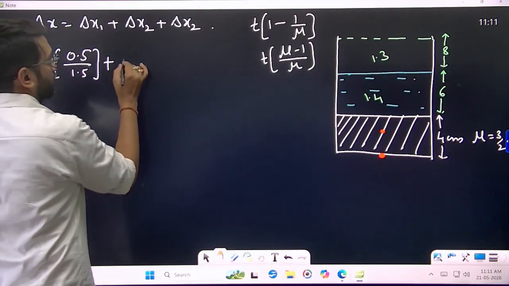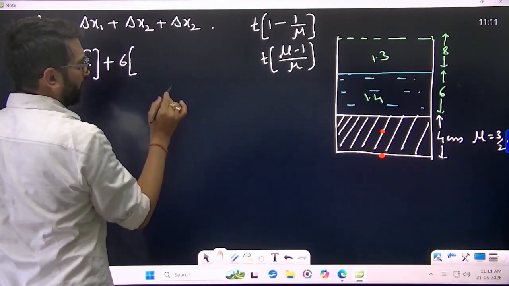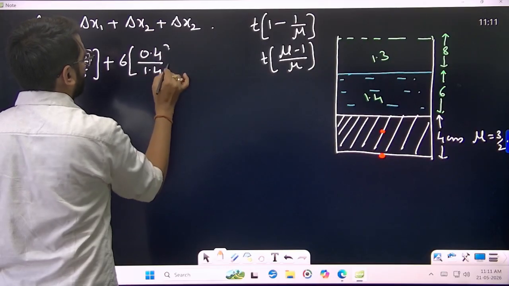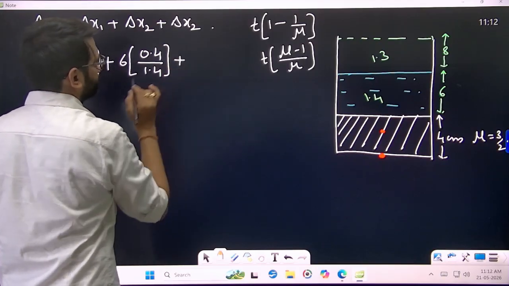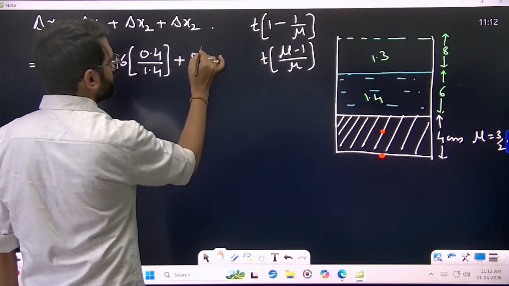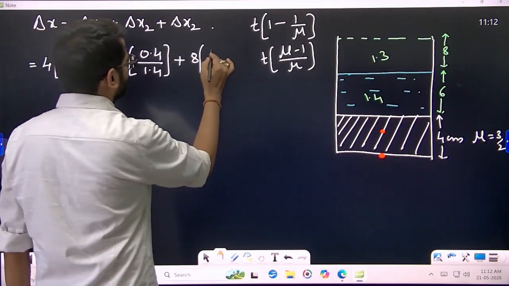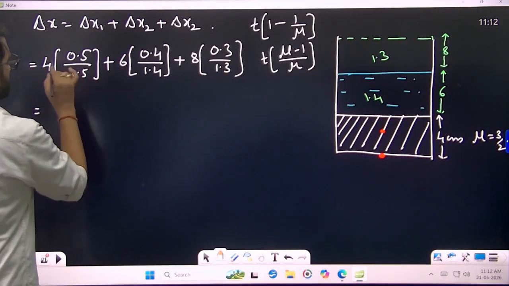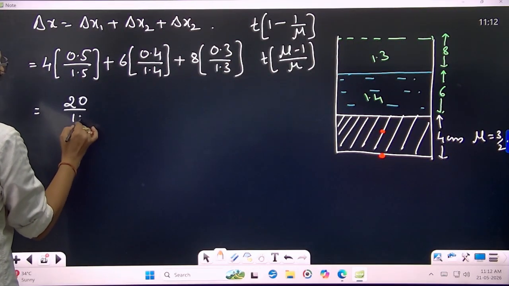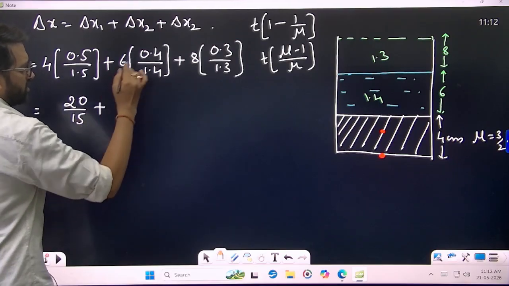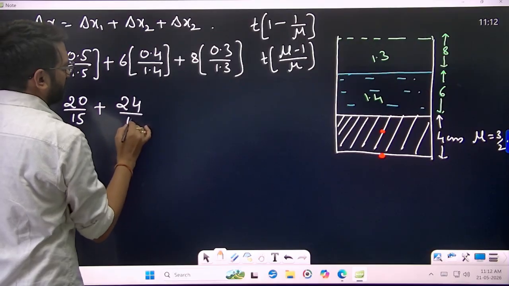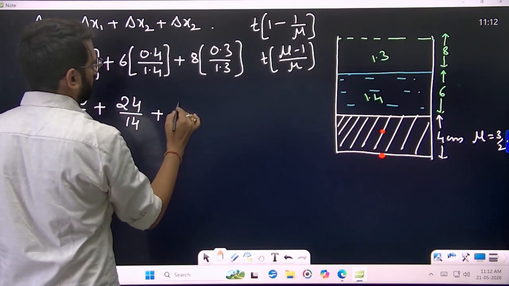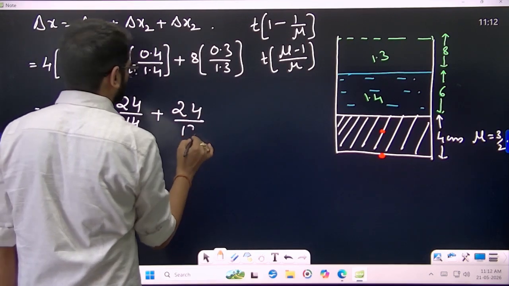The next one, 6 into 1.4 minus 1, 0.4 divided by 1.4, plus this is 8 into mu minus 1, this is 0.3 divided by 1.3. So this is 20 divided by 15, plus 24 divided by 14, plus 24 divided by 13.